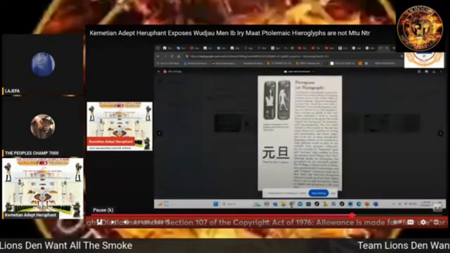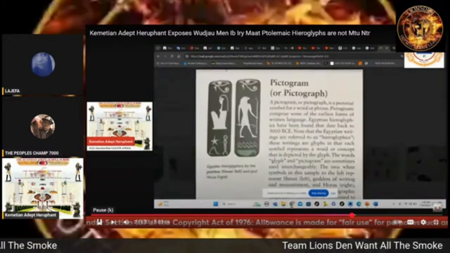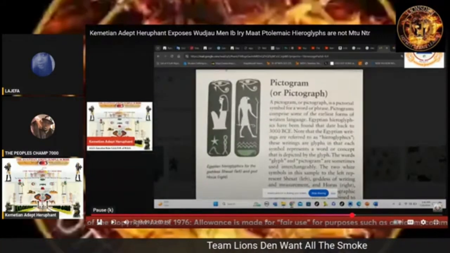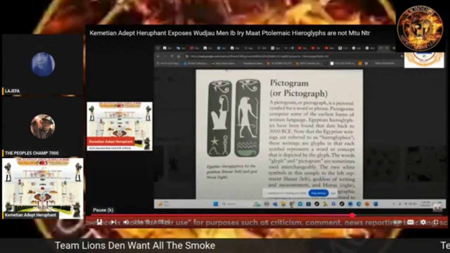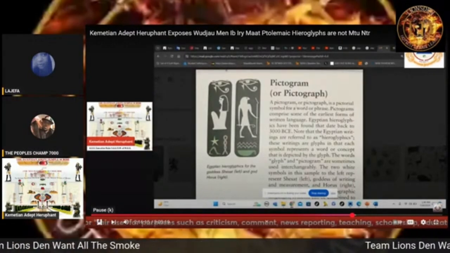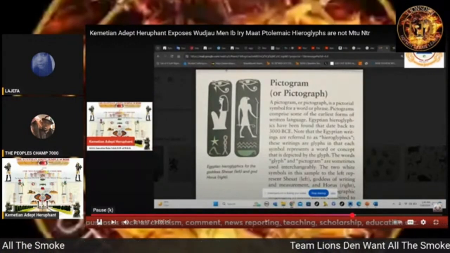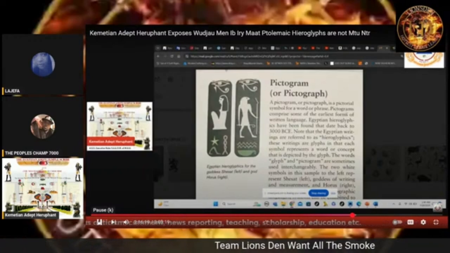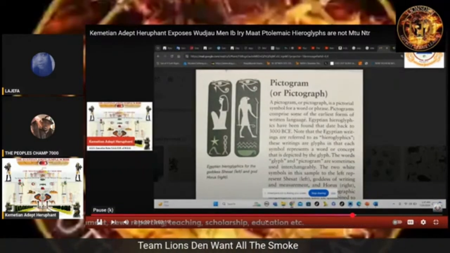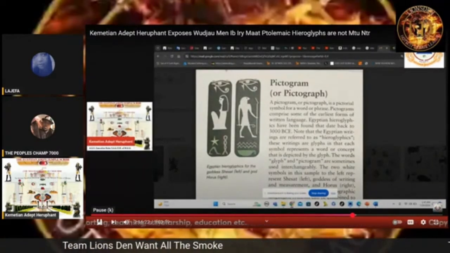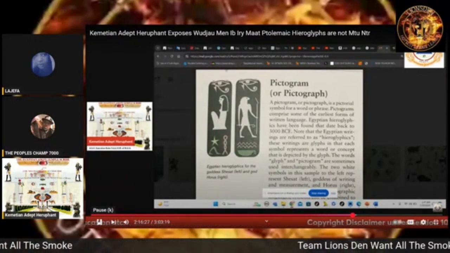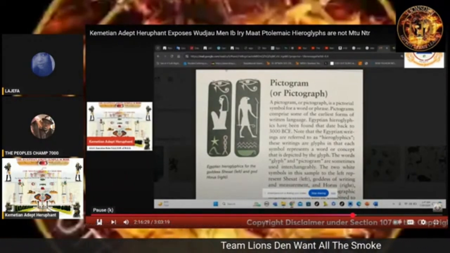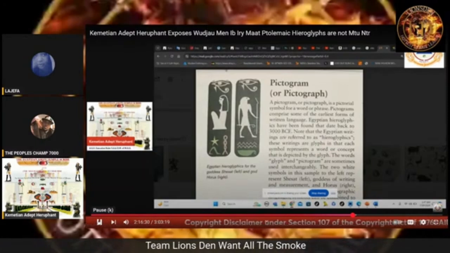This is one of the most important: pictograms, because that's what they also refer to these days. Right. You see, it says a pictograph is a pictorial symbol for a word or phrase. Pictograms comprise some of the earliest forms of written language. It says Egyptian hieroglyphics have been found that date back to 3000 BCE.